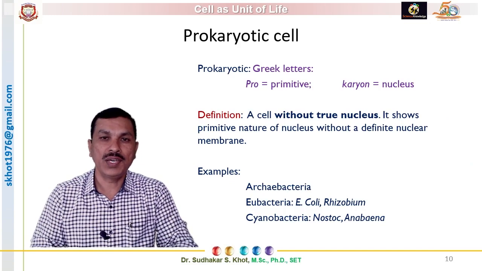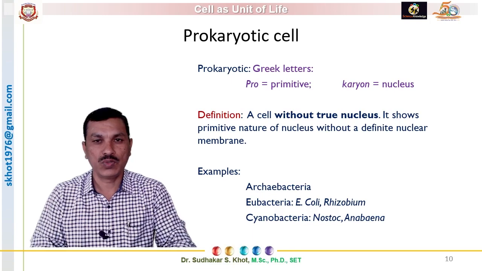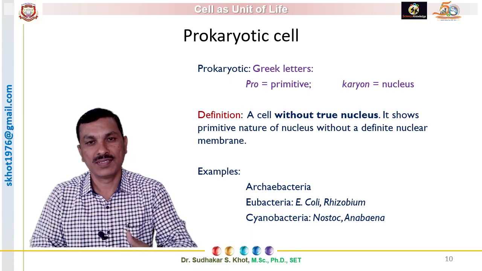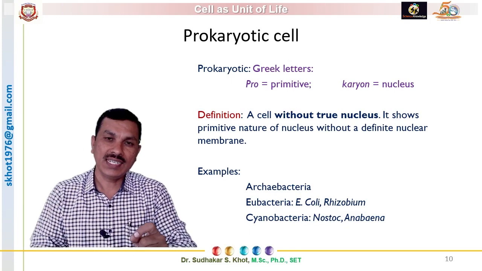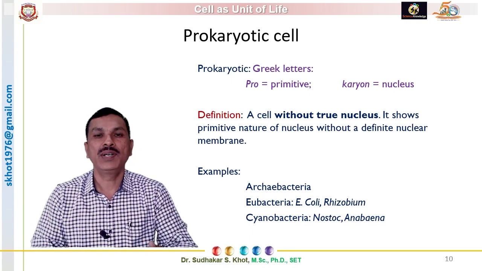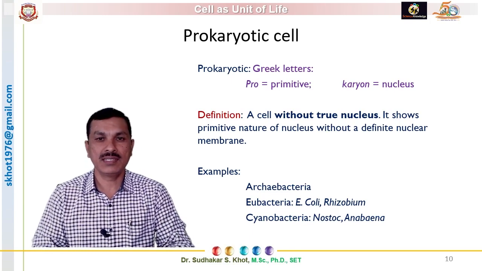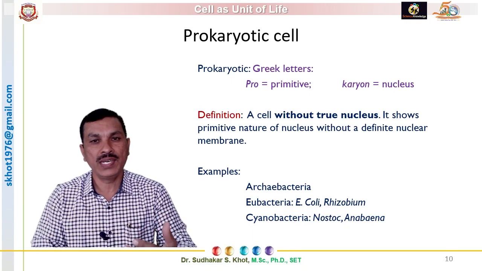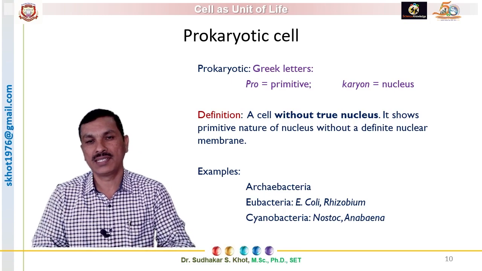The term prokaryotic is derived from Greek words. Pro means primitive and karyon means nucleus. So these are the cells having a primitive type of nucleus. Now what is meant by that? The primitive type of nucleus means the nucleus without any well-organized structure. So a true nucleus is absent.